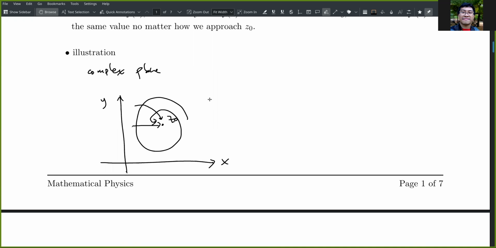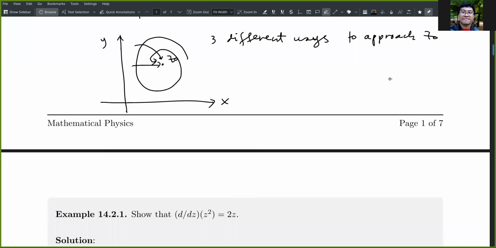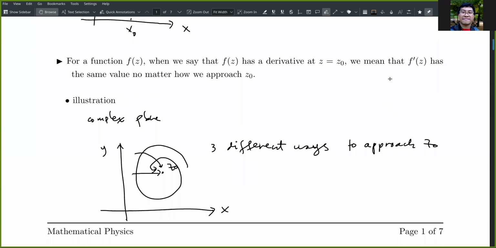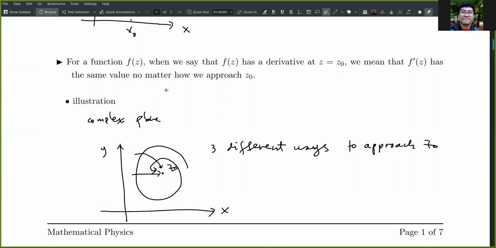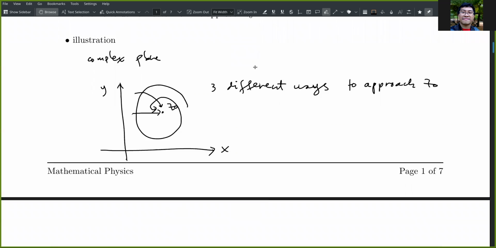So what I've shown here are three different ways to approach z sub 0. And for f of z to be analytic, it doesn't matter how we approach z sub 0, f of z should have a derivative that is unique.